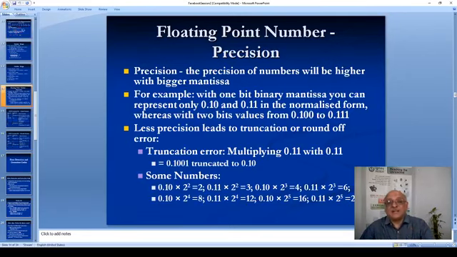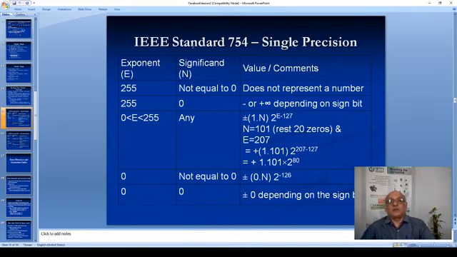So larger mantissa bits are required, and on that basis IEEE designed several representations and standards. This is called the single precision standard. In the single precision standard, the total number can be represented using 32 bits.